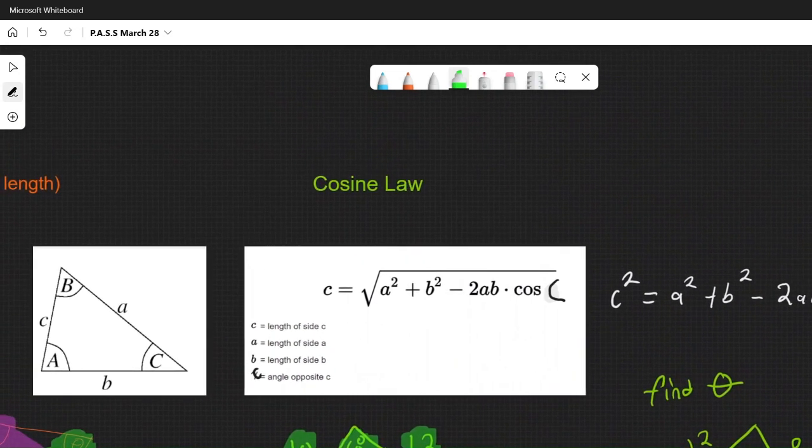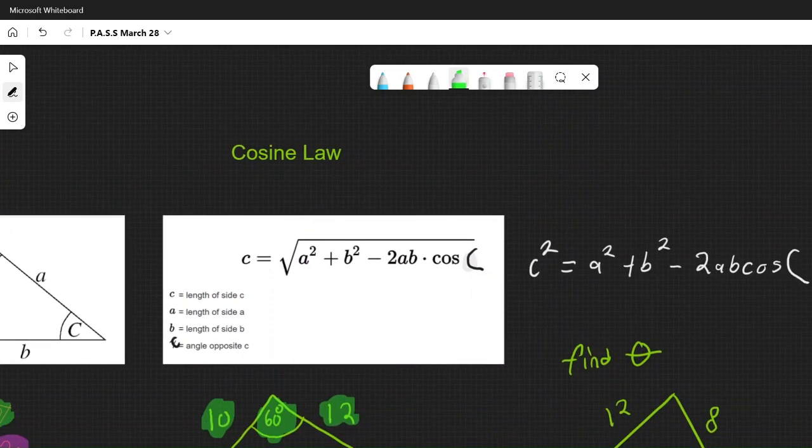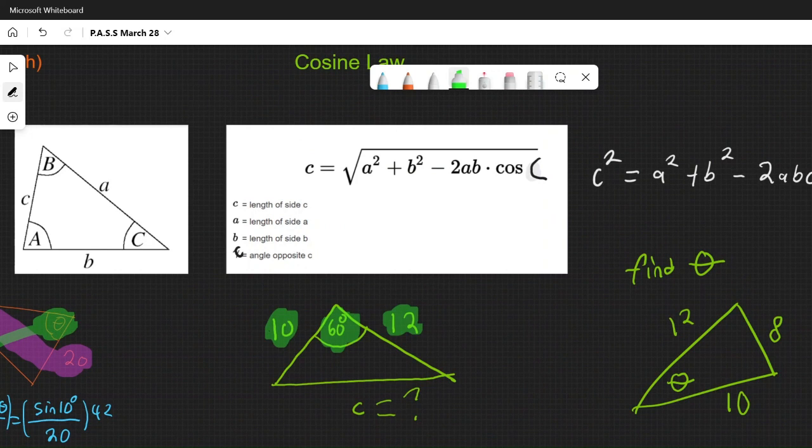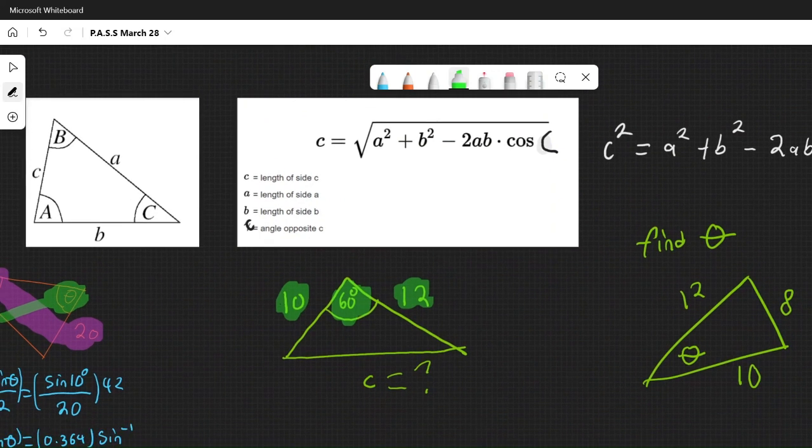And so, c equals the square root of a squared plus b squared minus 2ab cos c. It can also be written as c squared equals a squared plus b squared minus 2ab cos c. And then there's also another form where it's rearranged to solve for the angle. But starting off with this triangle here.